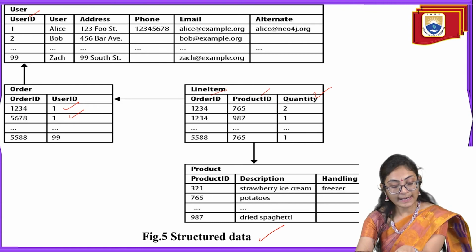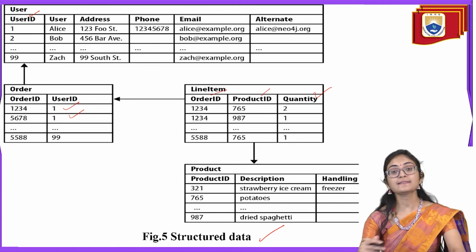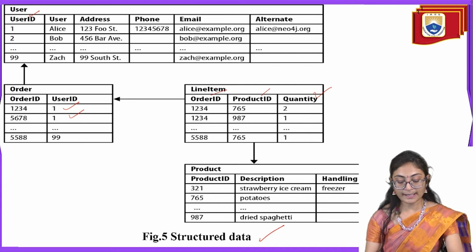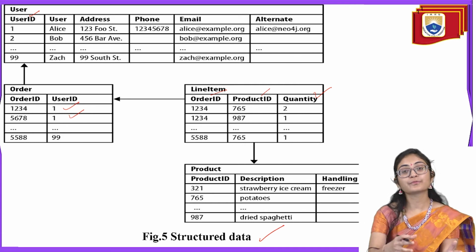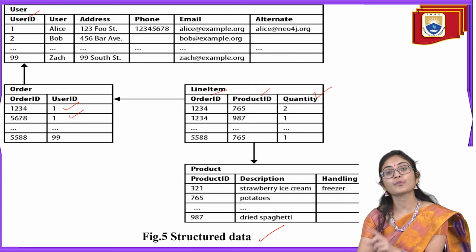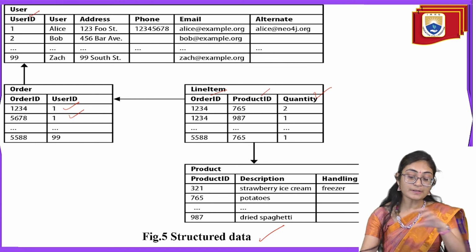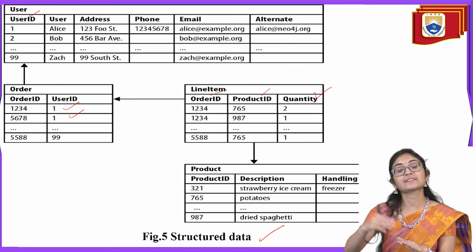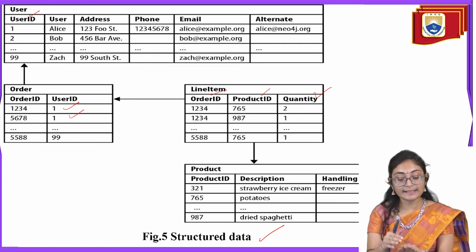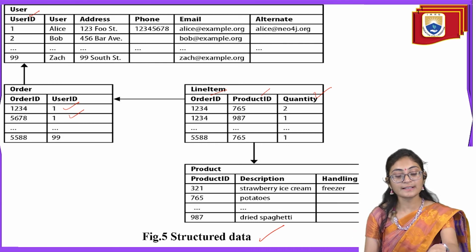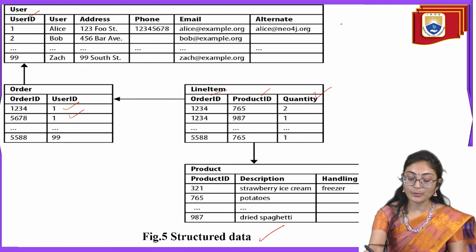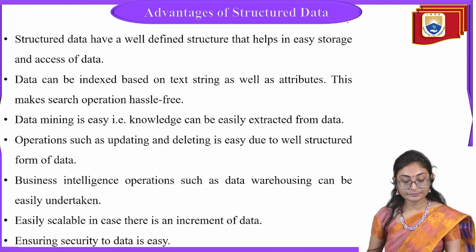Then line item and product are related with each other. That means here every data is stored in the form of tables, and that information is related with each other. This is the structured data. This type of data is the structured data.